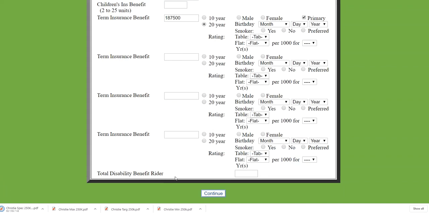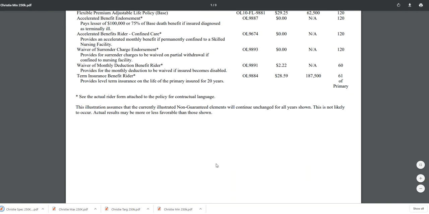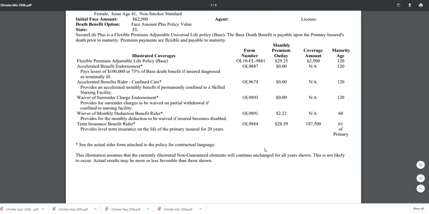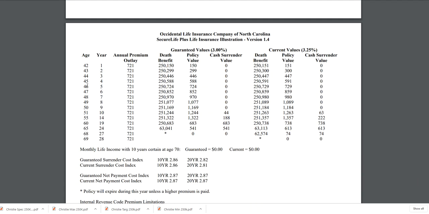So now we can look at the policies. We can see the minimum right here, and you want to really look at the cash accumulation after 20, 30 years, really in this case. So you can see on the minimum, it's only going to carry for about 20 years, and then it's going to go to zero.